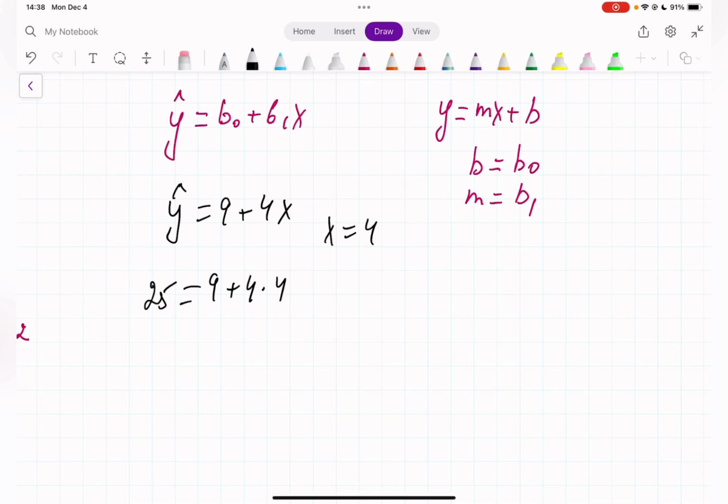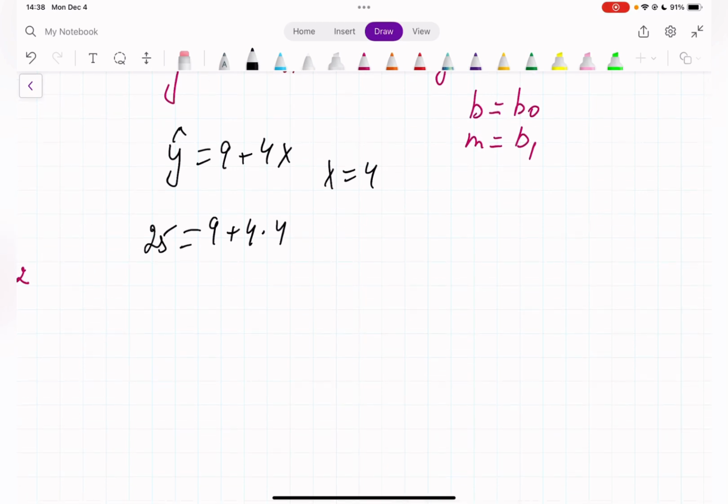So we have our B0 is 11,742, and B1 is 2.4. Okay, and we need to find, what was that?